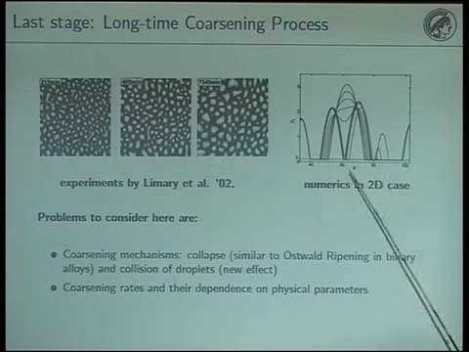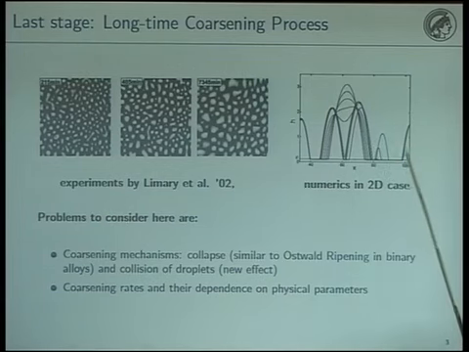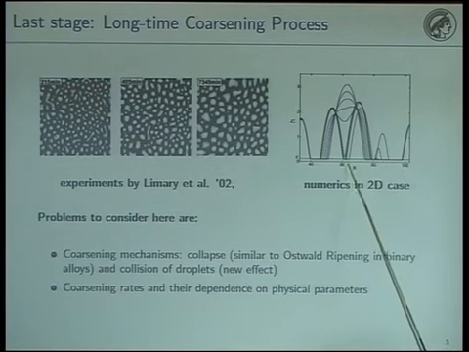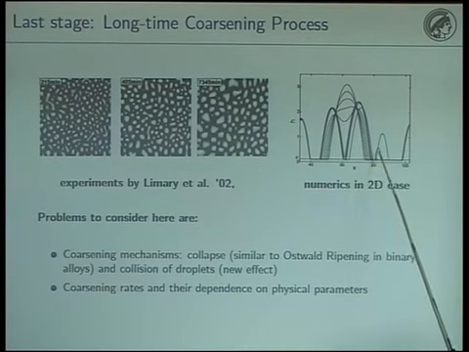And here is a numerical sketch of two coarsening mechanisms in the two-dimensional case. You see first the collapse of the small droplet, whereas its mass is distributed through this very small thickness layer, which is not zero but rather epsilon. And then the second coarsening event is a collision of these two neighboring droplets when they form a bigger droplet.